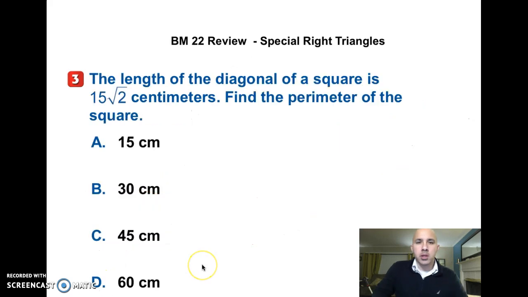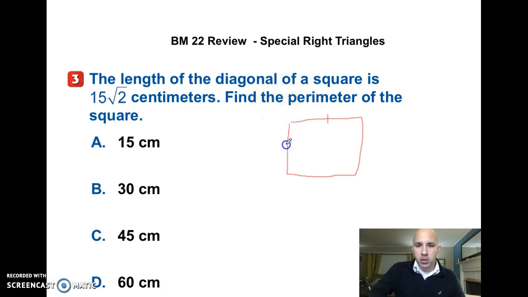Thank you. Good morning. Let's continue our review on benchmark 22, special right triangles. You have the 45, 45, 90, and the 30, 60, 90. In this case, you have the length of the diagonal of a square. So I'm going to try to draw this out for us. There goes my square.